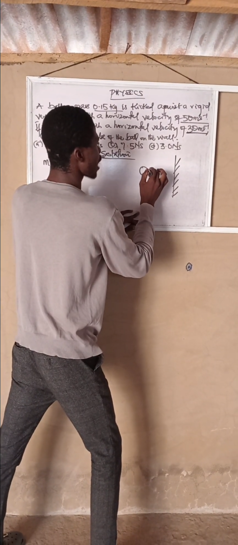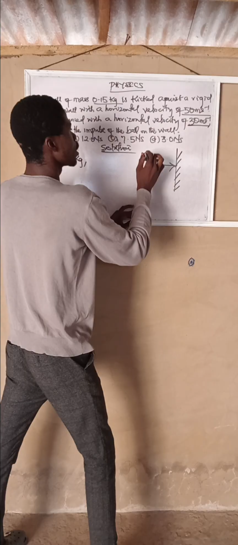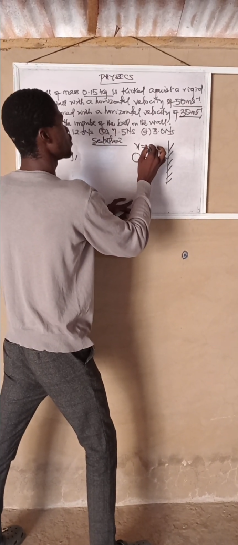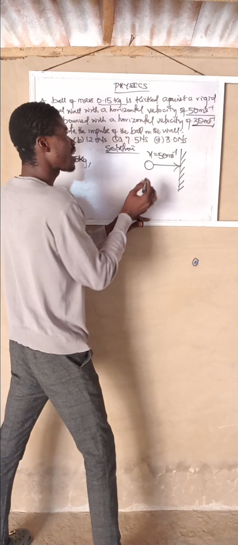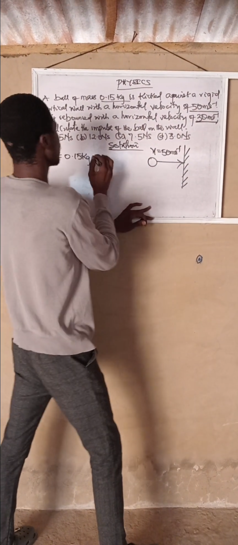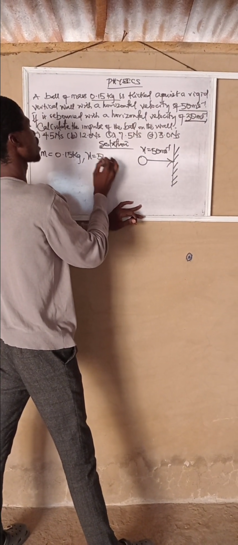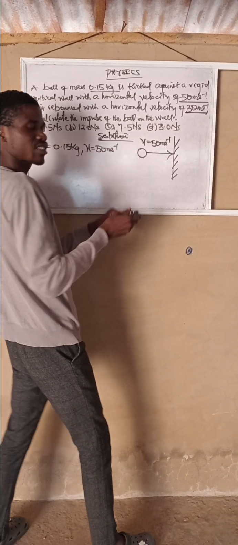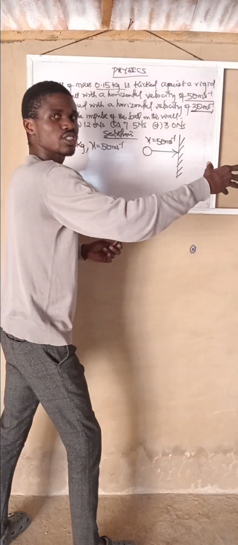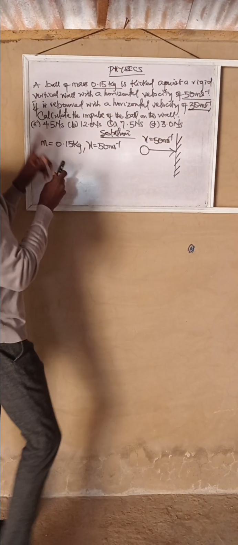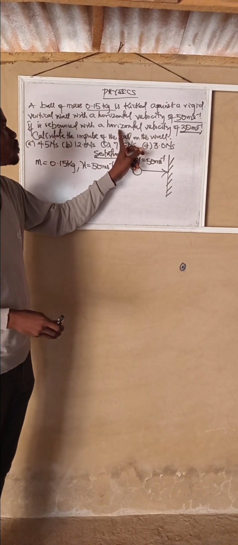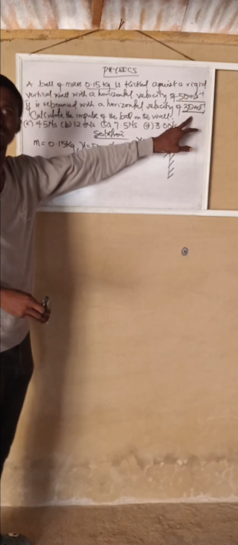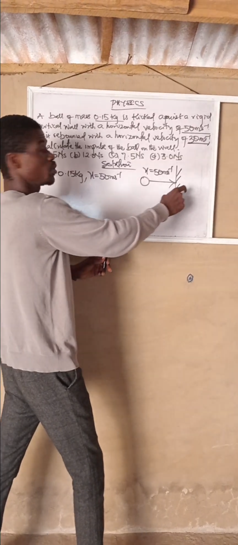As the ball hits this particular vertical wall, the initial velocity is equal to 50 meters per second in this direction. So that is the velocity of approach. Further, if it rebounds with a horizontal velocity of 30 meters per second, that is the rebound velocity as the ball hits the rigid wall.